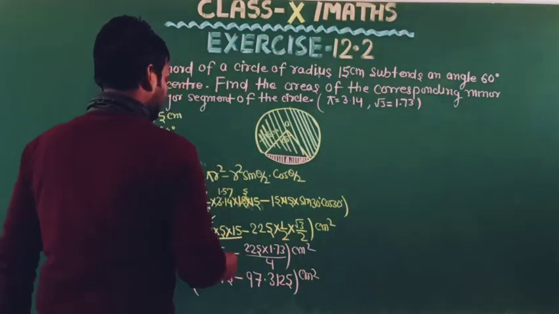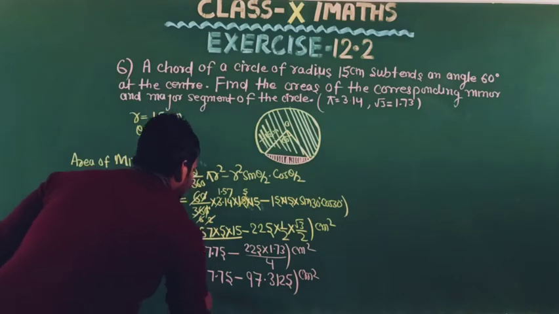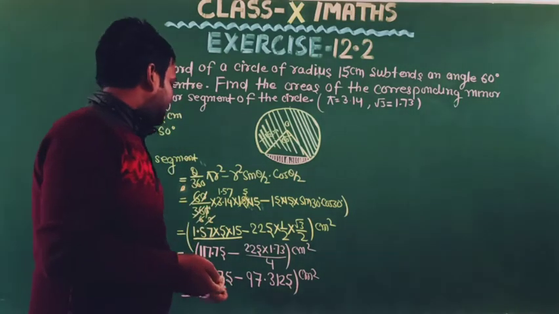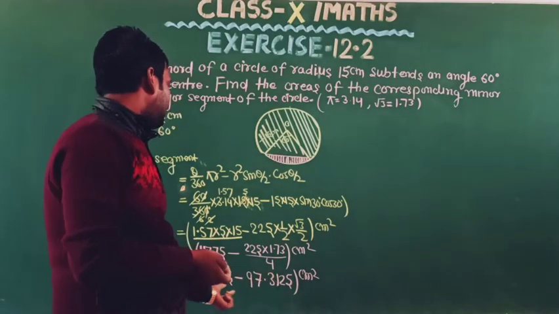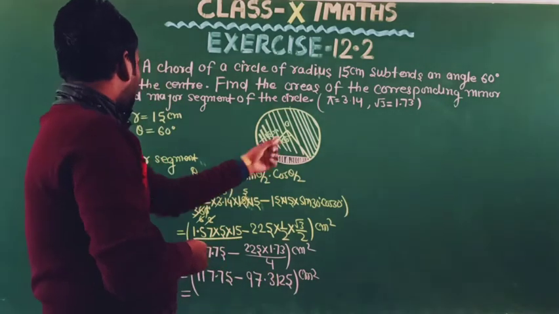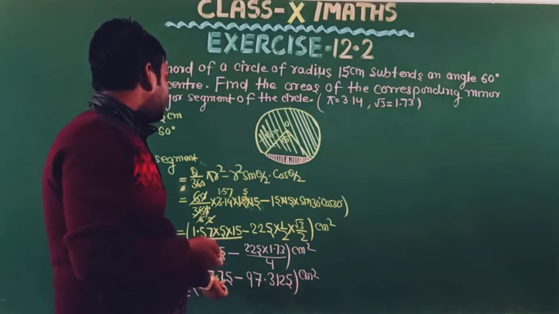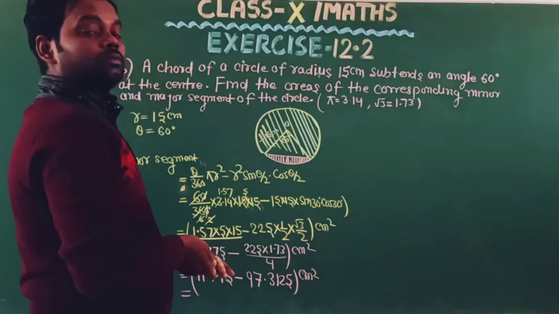After simplification, this is 97.3125 subtracted from 117.75.